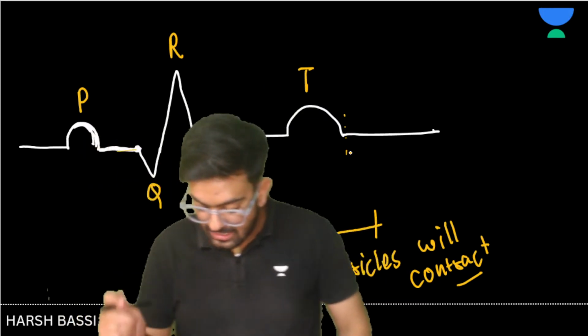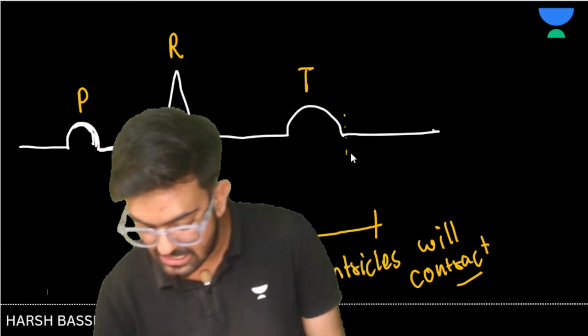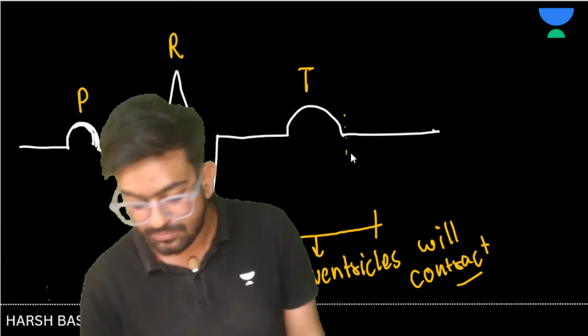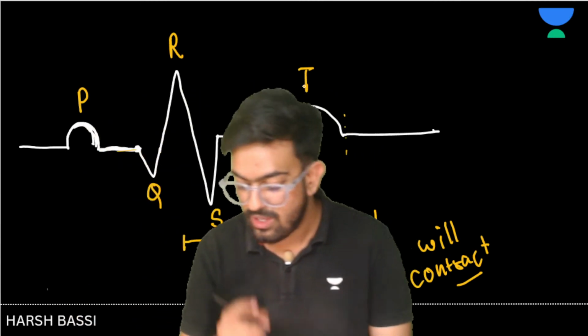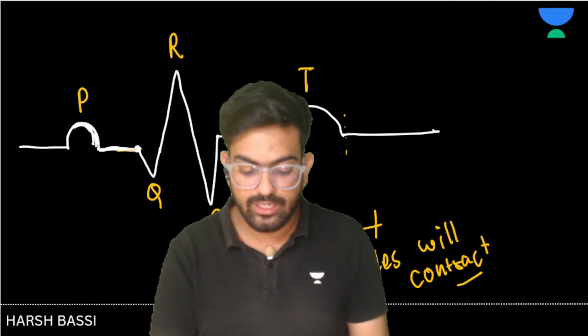But sir, what does the T wave represent? The T wave represents the repolarization of ventricles. That means the ventricles are now back to the normal state.